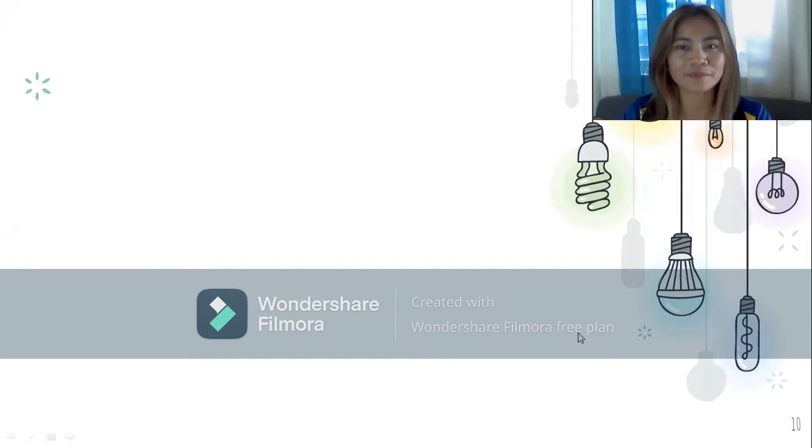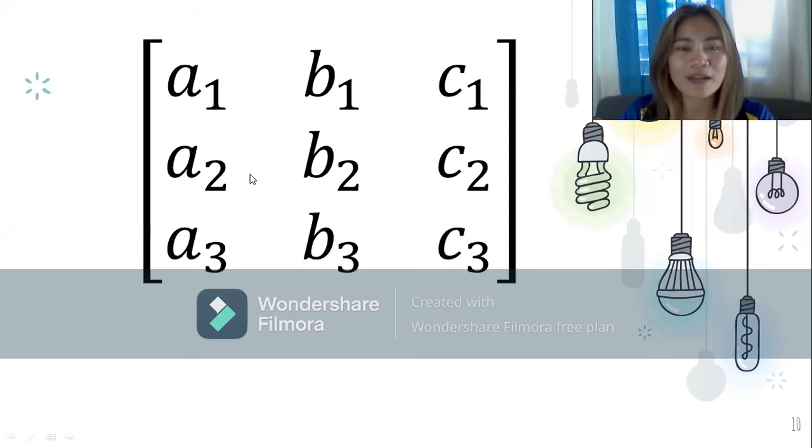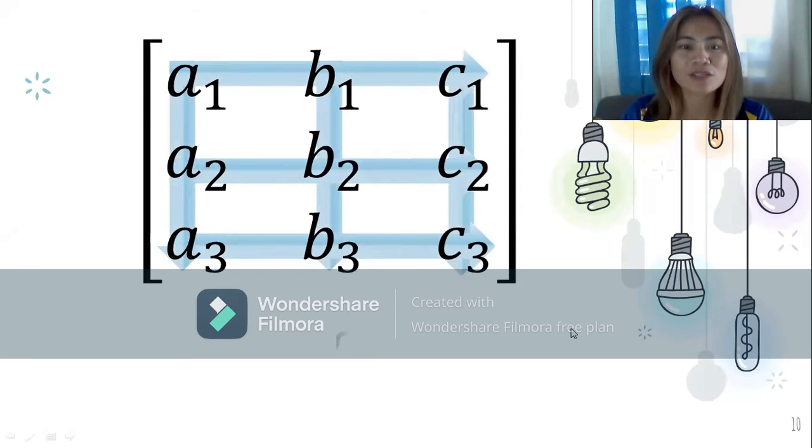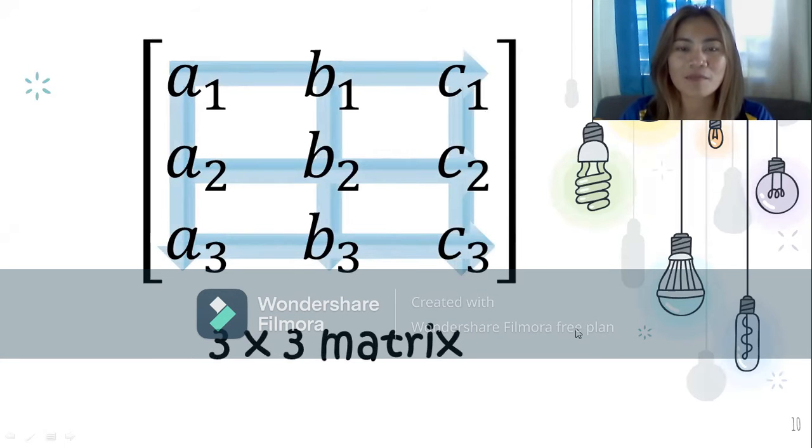Look at this one. Look at this matrix. How many rows and how many columns are there? 1, 2, 3. Yes, there are 3 rows and 1, 2, 3 columns. So this is a 3 by 3 matrix.